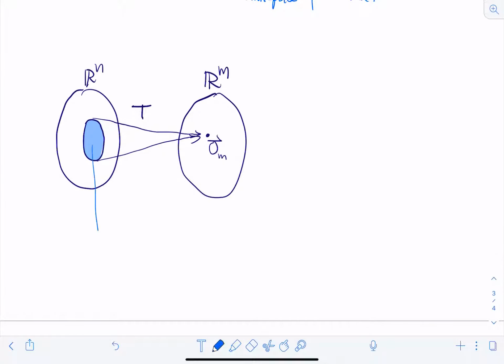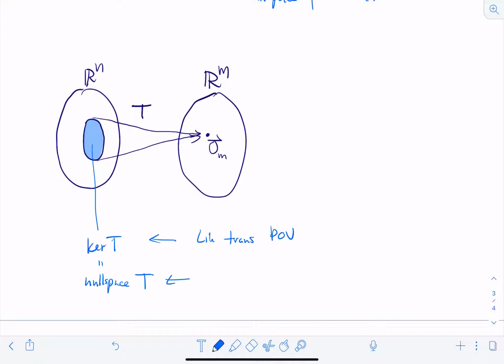So this is the kernel of T, right? So the kernel of T is really the same thing as the null space of T. The kernel of T is for the linear transformations point of view, and the null space of T is just the matrix point of view. So a matrix subspace.